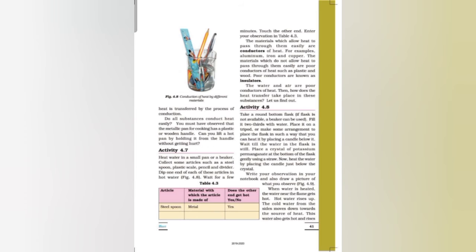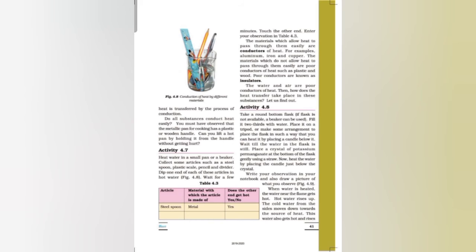Do all substances conduct heat easily? You must have observed that the metallic pan for cooking has a plastic or wooden handle. Can you lift a hot pan by holding it from the handle without getting hurt?